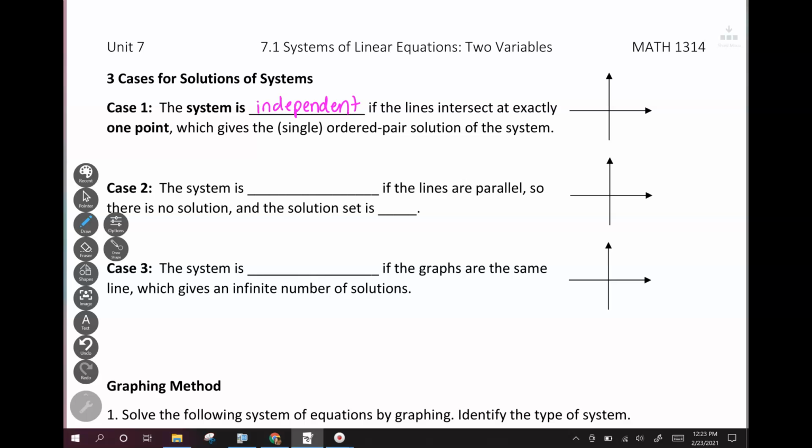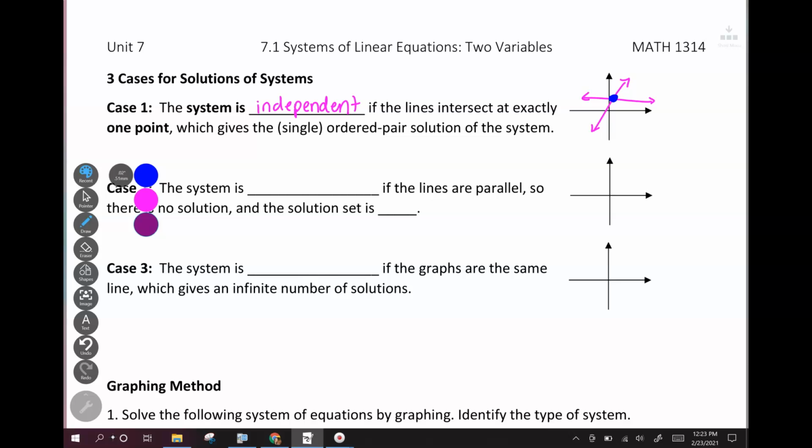That was a lot of words. Basically, if you've got two lines that intersect at one point, like so, that one point is your solution, and so the system is independent.